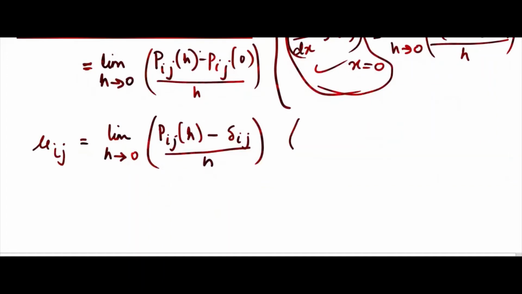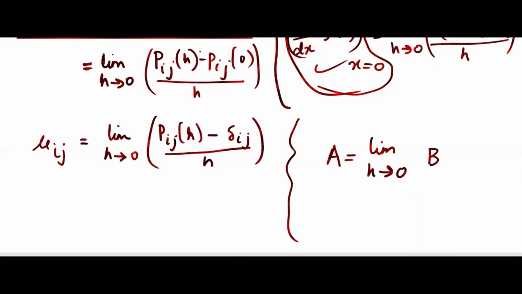Now when I write A is equal to limit h tends to 0 of something, suppose B, what will happen is, I am getting A because there must be some terms which vanish when h goes to 0. So B must contain A for sure, plus something which tends to 0 when h tends to 0.